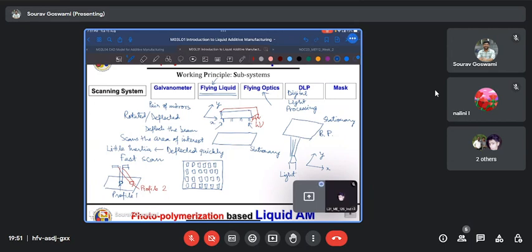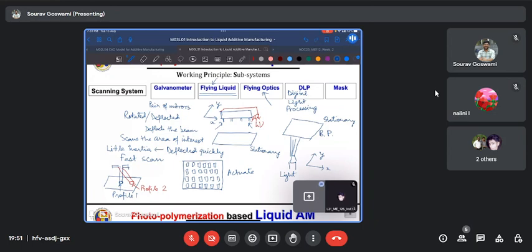Now, depending on which areas of a particular slice you want to expose or cure, you can suitably deflect or actuate these mirrors to shine your energy or project your light on those specific regions only.